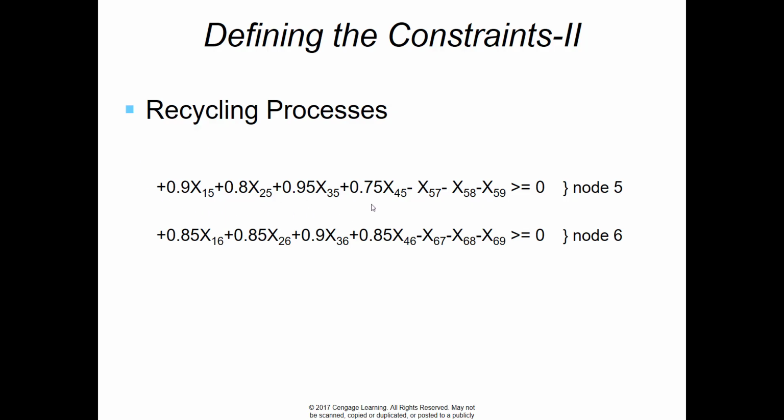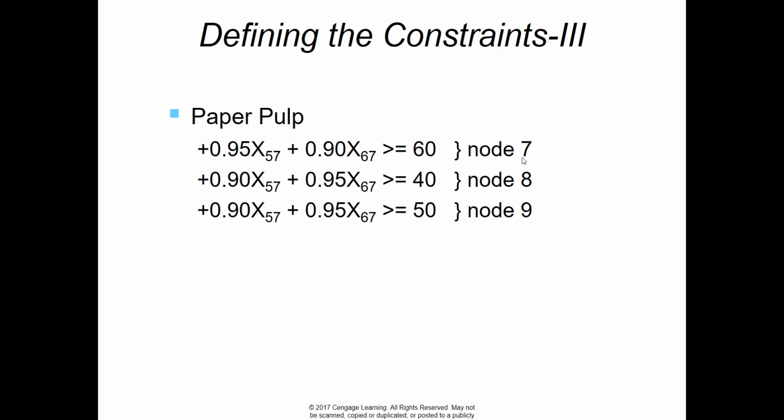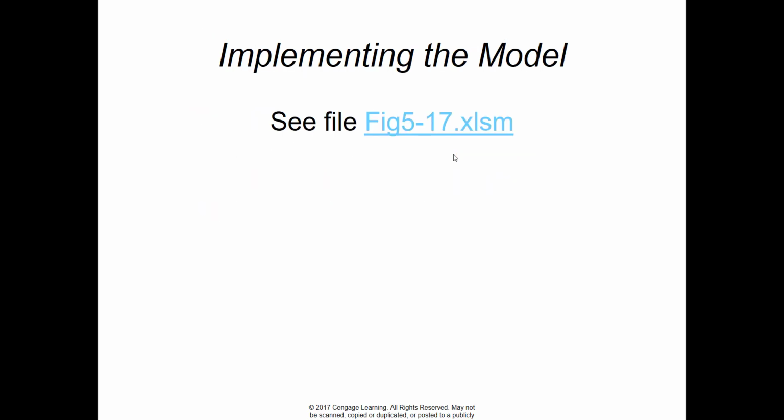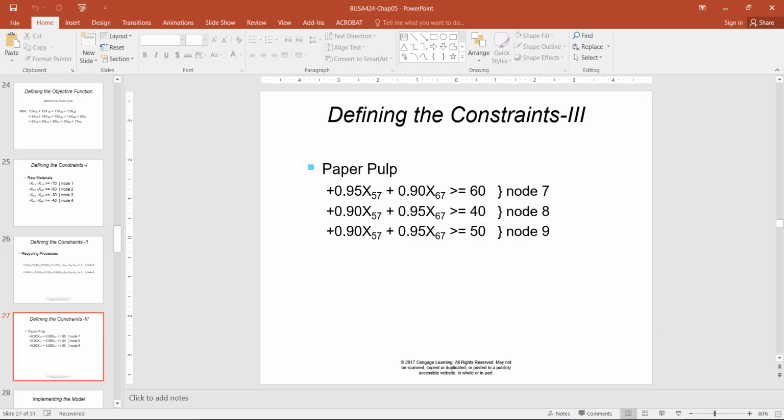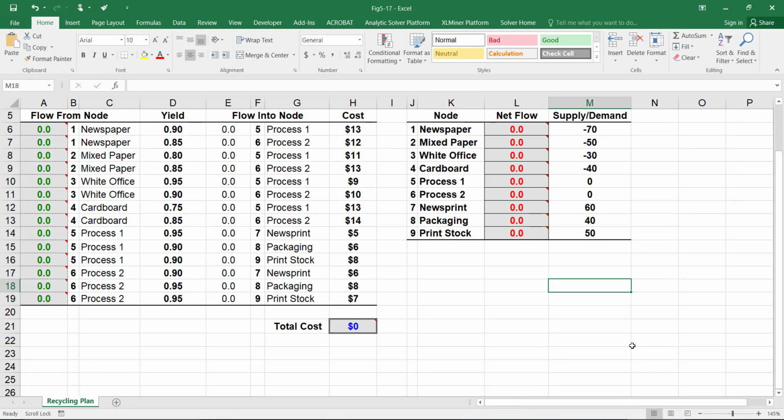The first part of it is the inflow, and they have a percentage, we can write it this way, and then we have the outflow that goes to the second stage. Also we have a similar situation for node 6. But for node 7 and node 8, we have only inflow. We don't have any outflow, they get material from different sources. So this is basically our modeling of this problem. So let's solve this model.